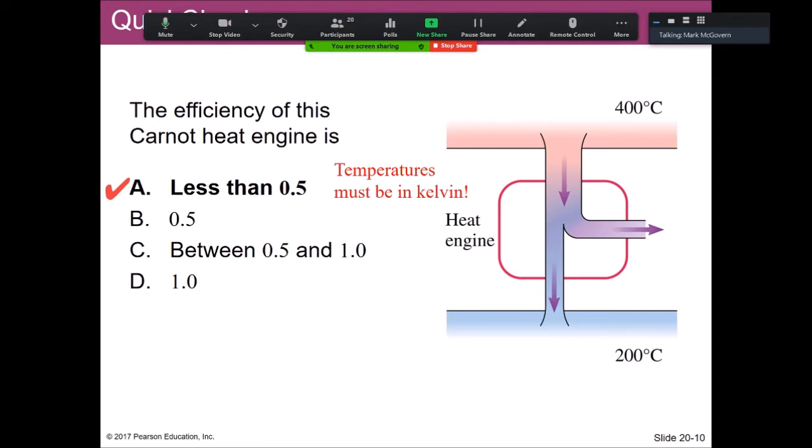30% efficiency. That's all you can do with this engine. You cannot be better than 30% efficiency. That's crazy, right? You take energy out of this hot reservoir, and the best thing you can do here is take out 30% of the energy and do something with it.